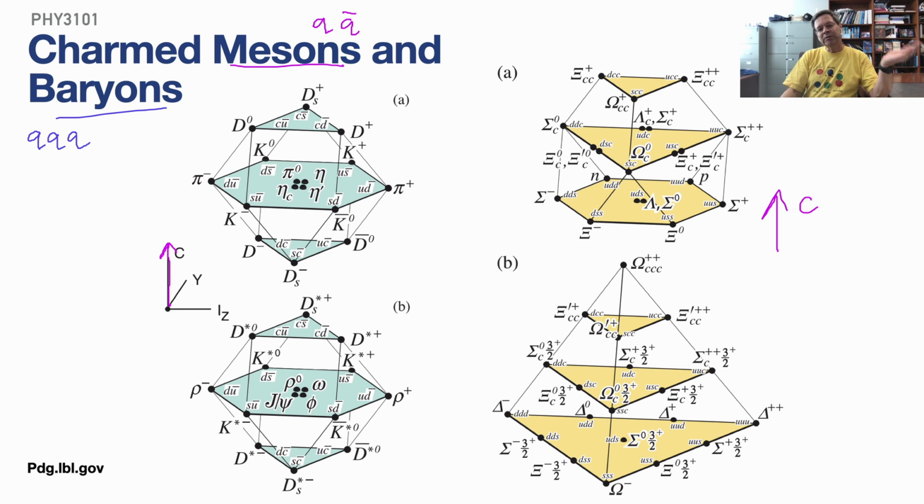So we can start to replace some of the quarks in the bottom plane here with a charm quark. So you can see, for example, there is a neutral baryon called the sigma 0 with a subscript C, sigma C0, which is neutral.